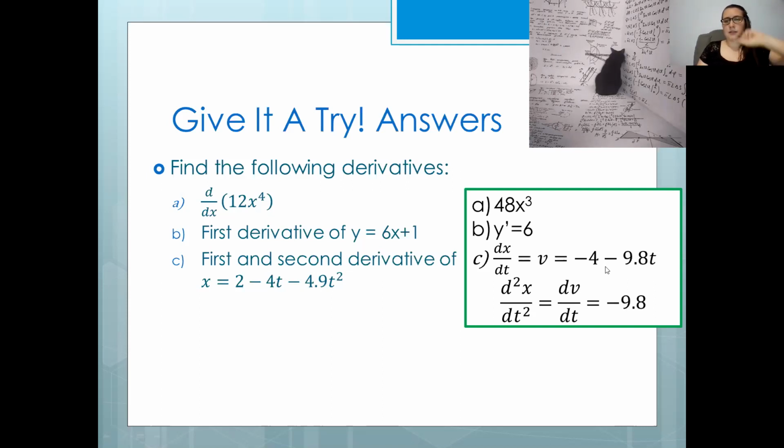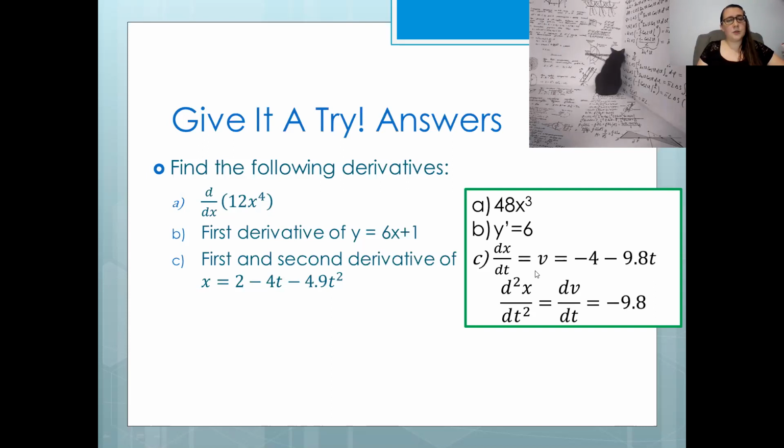So 4 times t to the 0 is just 4. And then here for this third chunk, we have minus 4.9t squared. Again, we take the exponent, multiply it by that coefficient to get minus 9.8, and then subtract 1 from the exponent. 2 minus 1 is 1. So this is our equation for the derivative, or for velocity.